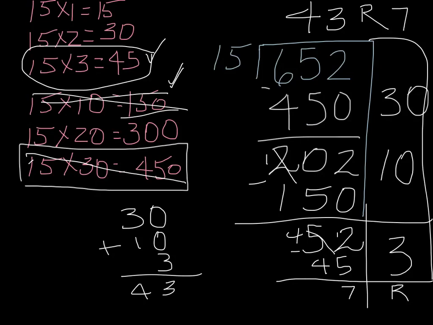Go back and watch these two examples as many times as you need to. And then I've got a couple I want you to work for me, and I want you to do them on your notebook paper and bring them to me tomorrow. All right, so here's your homework for tonight.